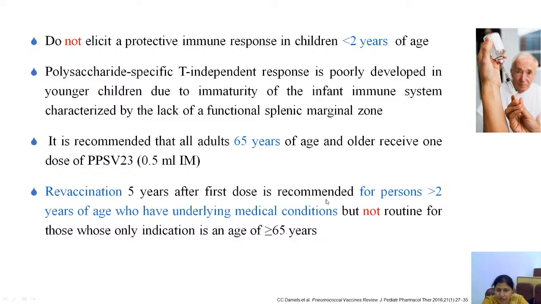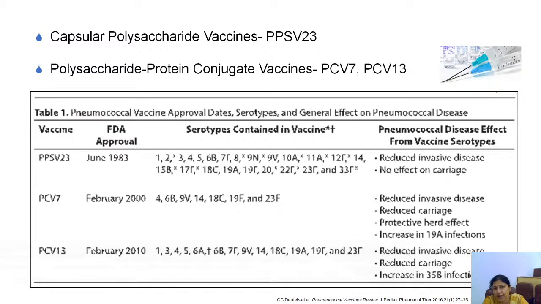Revaccination 5 years after the first dose is recommended for a person more than 2 years of age who has an underlying medical condition, but it is not routine for those who have only the indication of being more than 65 years. So usually it is given to high risk patients. The capsular polysaccharide vaccine, as I told, is 23 valent.